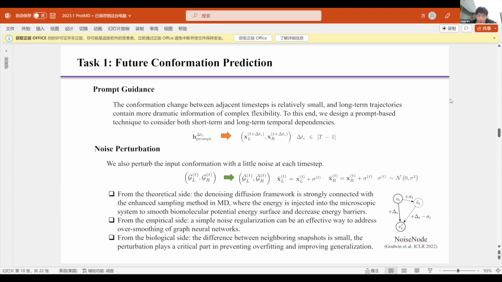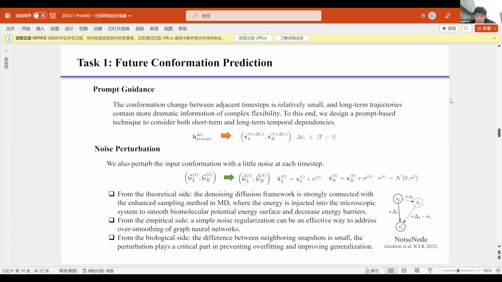In the enhanced sampling method, energy is injected into the microscopic system to smooth the biomolecule potential energy surface and decrease the energy barriers. Secondly, from the empirical side, a simple noise regularization is proven to be an effective way to address oversmoothing of graph neural networks.